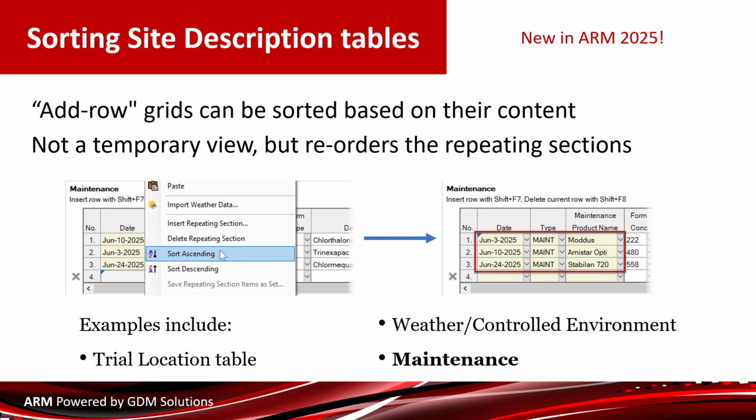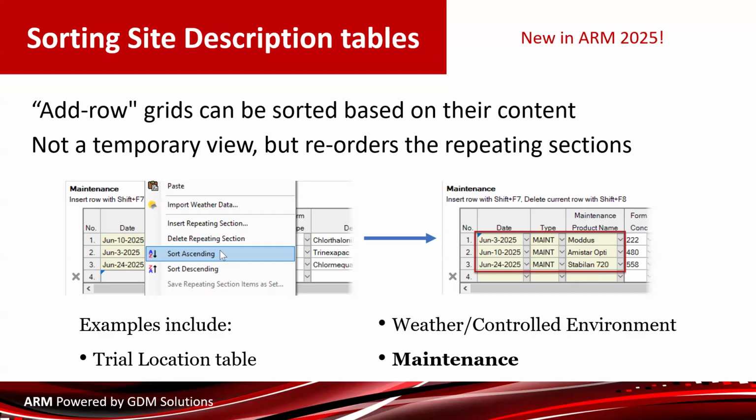And the important thing to note is this isn't just a temporary view where we change the order for the moment so you can see and review. It actually is reordering the sections. It changes the order of the repeating sections based on how you've chosen to sort.